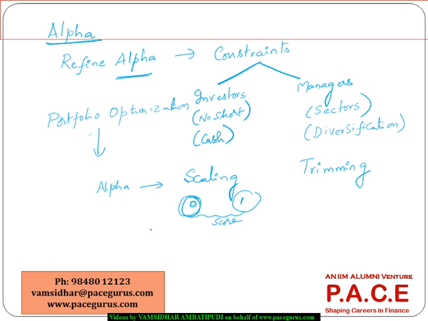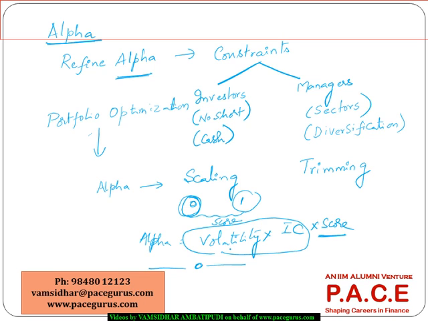So when I am talking about the scaled alpha, whatever is the original volatility, I multiply it with the information coefficient and I multiply it with the score. The mean value for the alpha will be 0 and it would be volatile based on the volatility times the information coefficient.